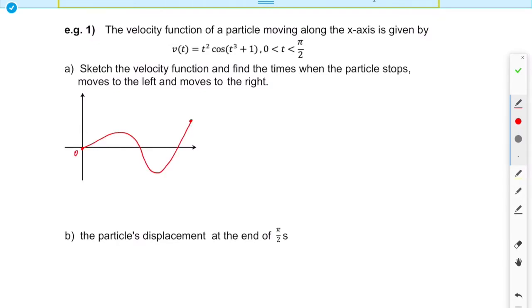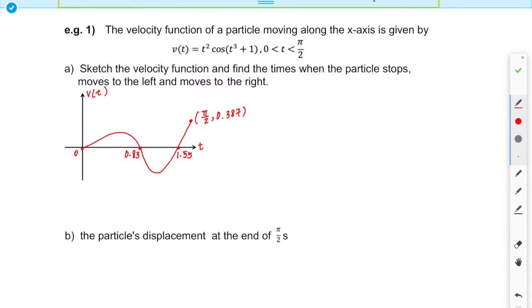And be careful because you do have an endpoint. And then from previous work that I have done, or you can go back to your graph and do a trace. This is 0.387 as the y value. The first 0 is 0.83. Second 0 occurs at 1.55. This is time. This is v of t.